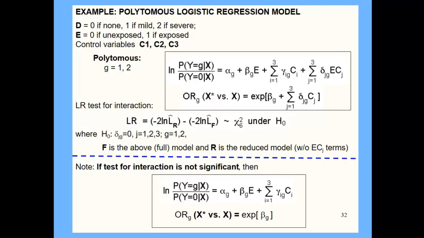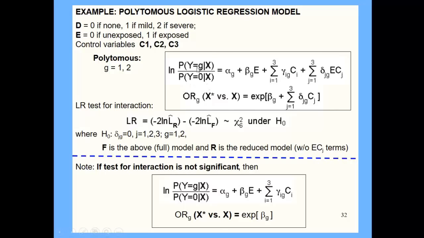Okay, so what have I done here on this slide? On the top it says an example of a polynomous logistic regression model. How do you know it's polynomous logistic regression? Because of the way I've written the model: log of P of y equal to g given x divided by P of y equal to 0 given x.